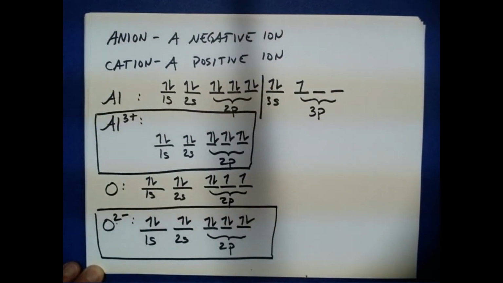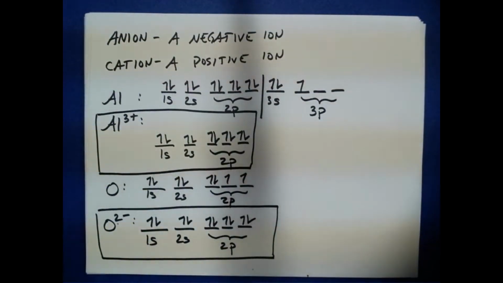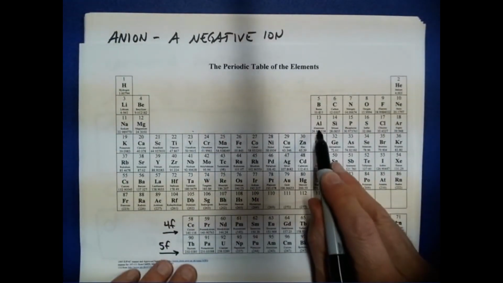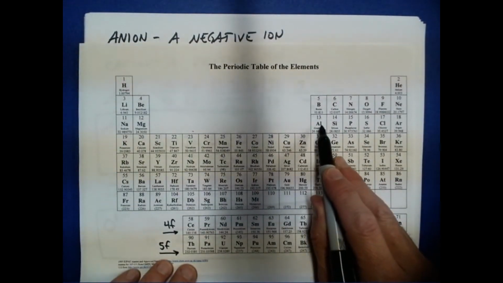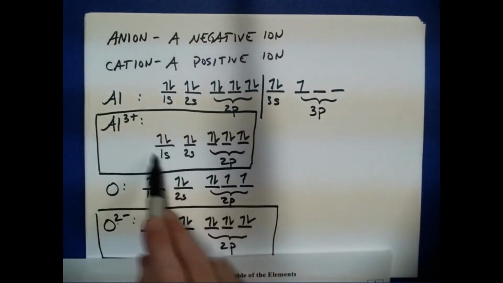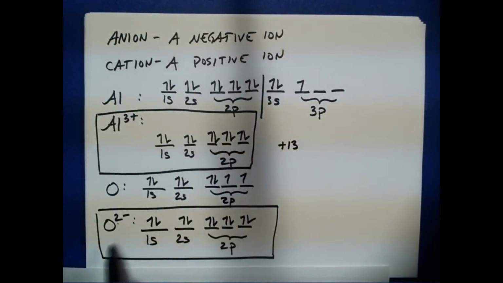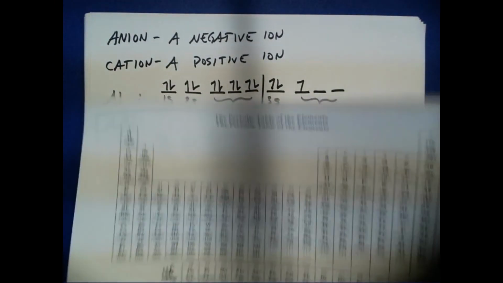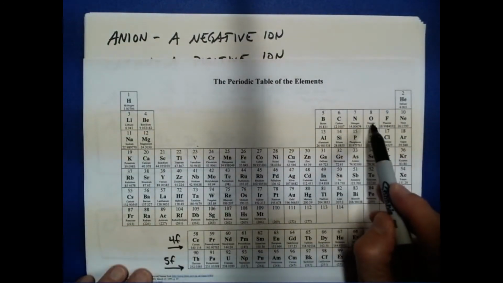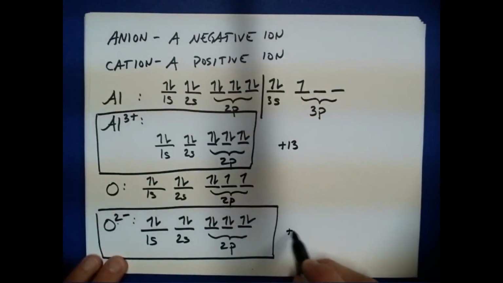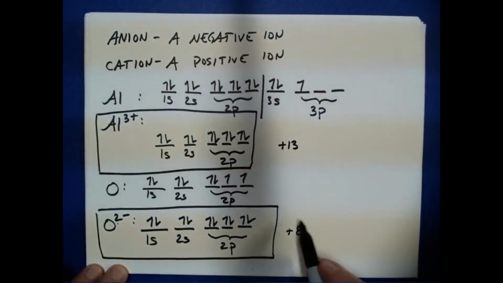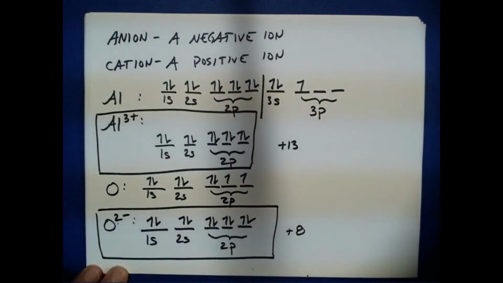Well, then you might ask, what makes these different? Well, let's remember here. With aluminum, you're going to have a +13 nucleus pulling on these 10 electrons. So there's a +13 nucleus. And then over here with the oxide ion, we're only going to have a +8 nucleus pulling on these 10 electrons.